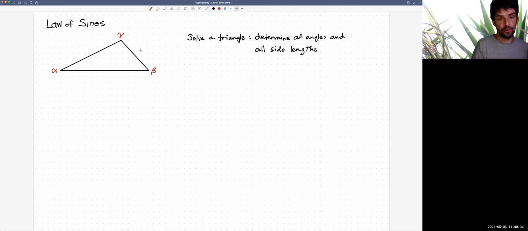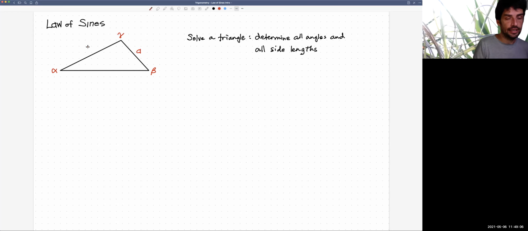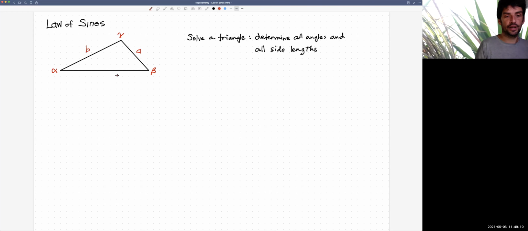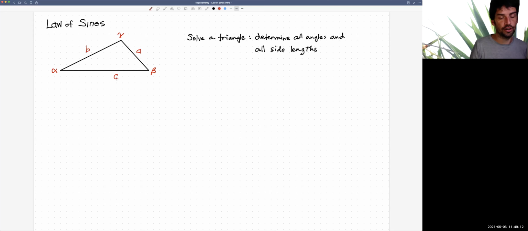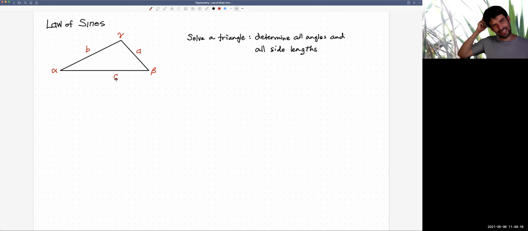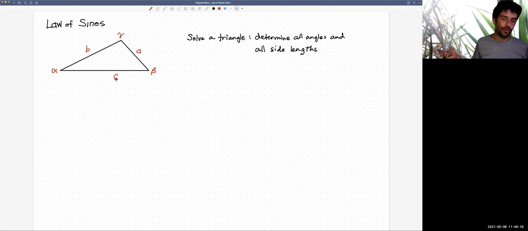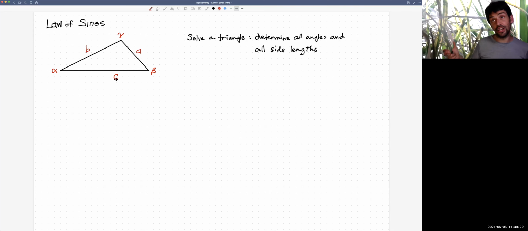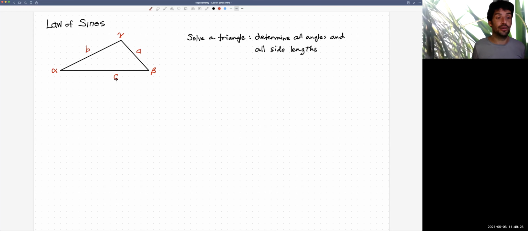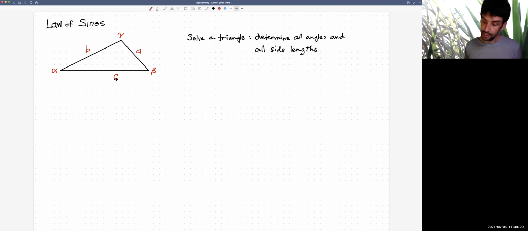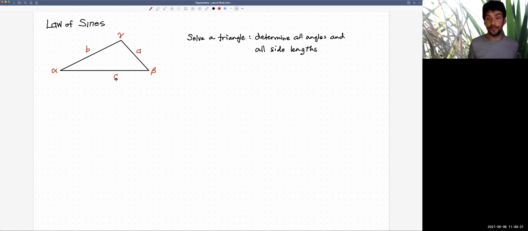So the side across from alpha we'll call A, the side across from beta we'll call B, and the side across from gamma we'll call C. So this isn't universal, but something like this is often used. It just makes it easy to talk about. I don't always have to sketch a picture, and when I say angle alpha and side A, you know that I'm talking about the side across from it, right? So this is a nice little correspondence we have just to make things easier.